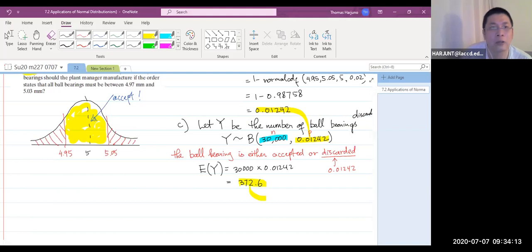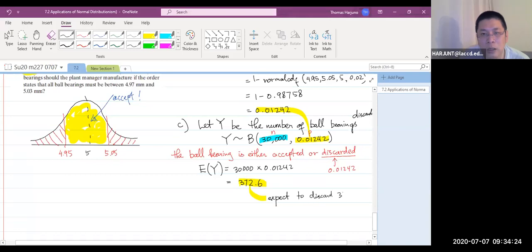in the end, we expect to discard 372.6, expect to accept, to be able to use only 30,000 minus that number.